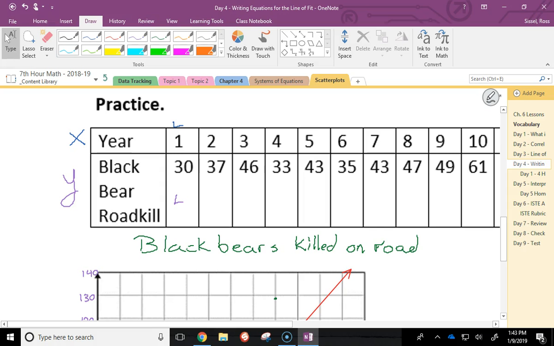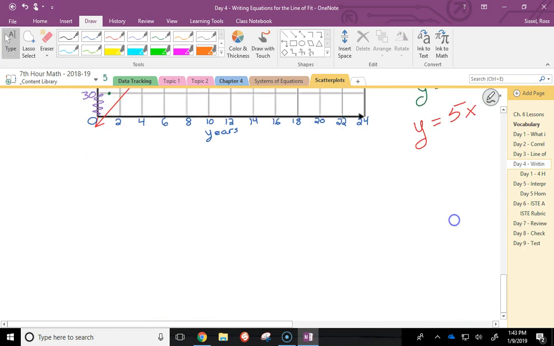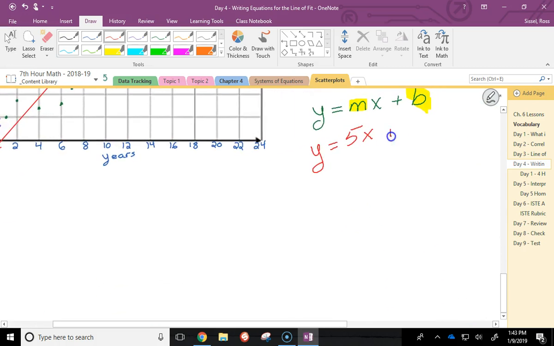This one's saying year 1, year 2, year 3. So if we went back to year 0, how many black bears would have died? 0. We didn't have it. So our y-intercept would be 0. You would say plus 0, or you just leave it off and say y equals 5x, or whatever your slope was. Y equals your slope times x.